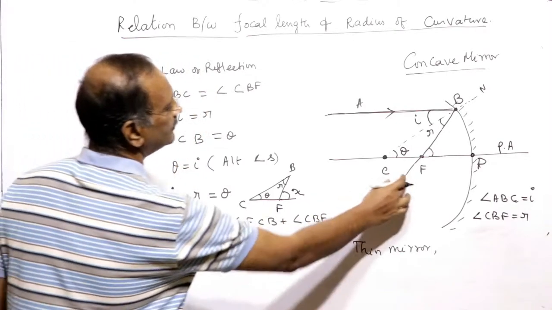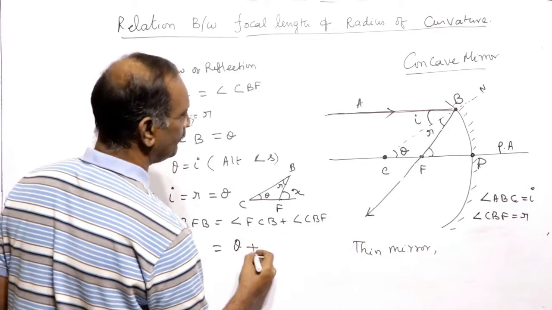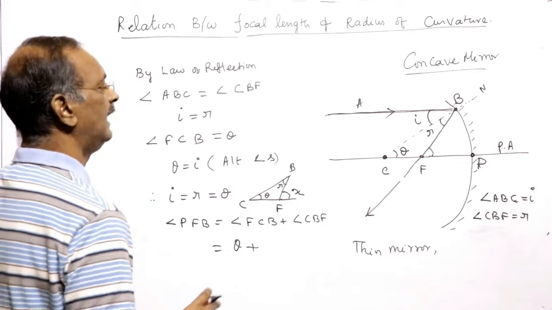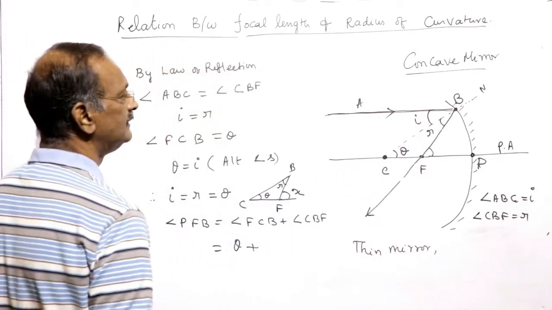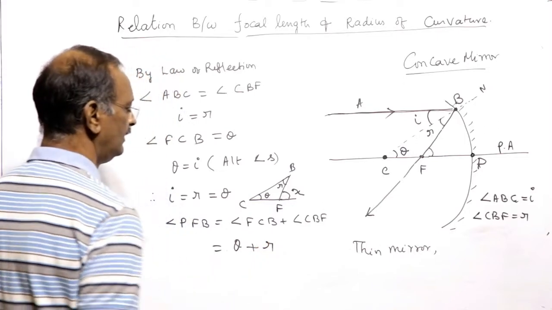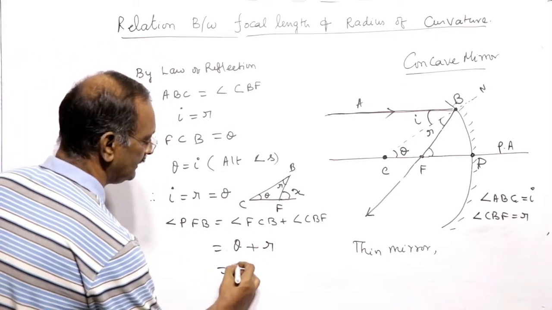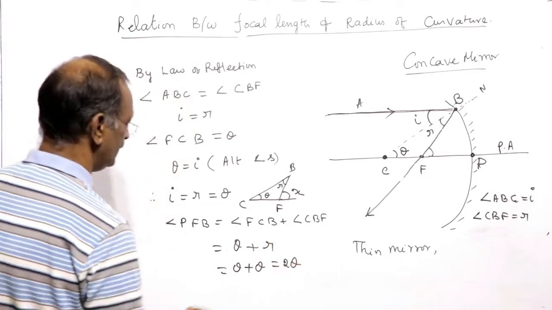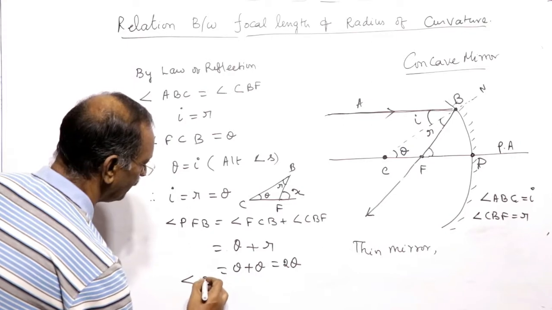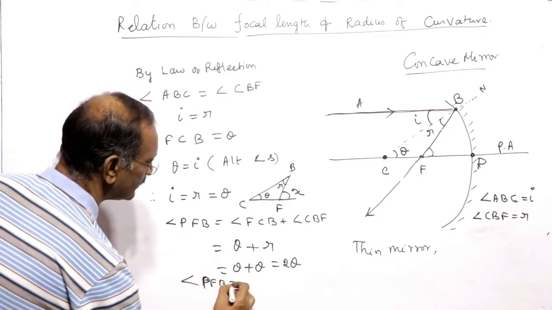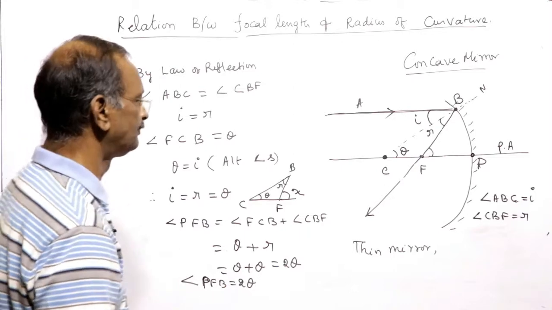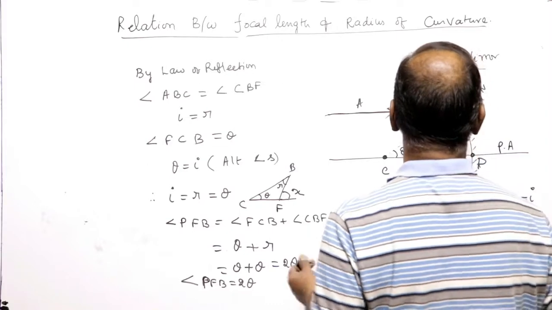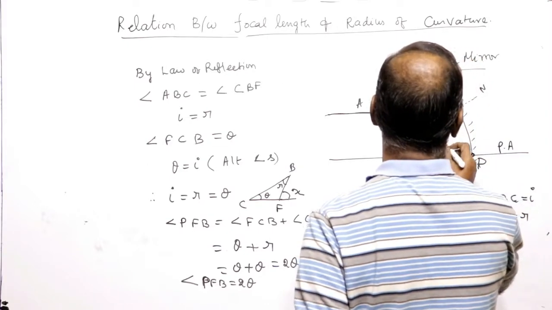Angle FCB is theta and angle CBF is the angle of reflection R, which is equal to theta. So theta plus theta is 2 theta. Therefore, angle PFB is equal to 2 theta.